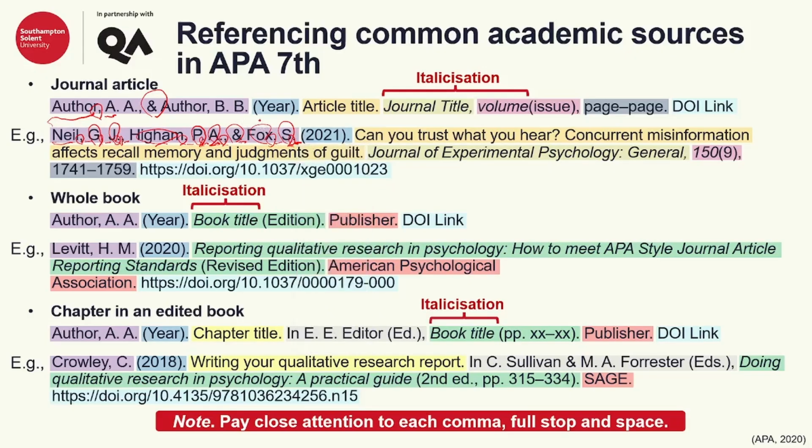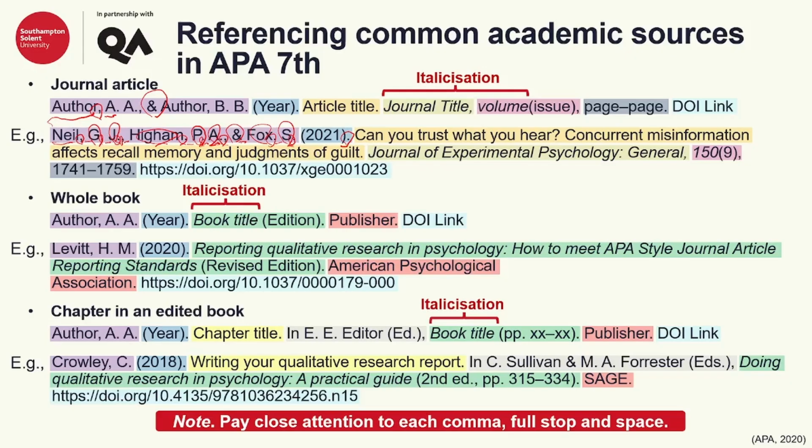The blue section shows the publication year. Place the year in round brackets and add a full stop after the closing brackets. The yellow section shows the article title. Article titles use sentence case.